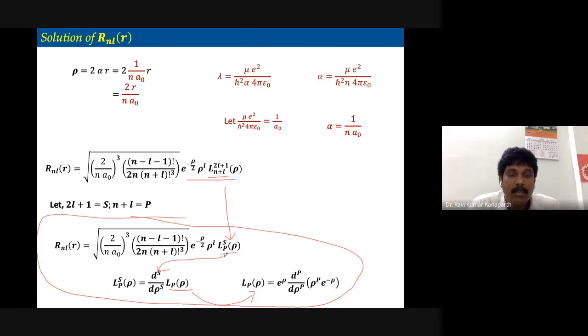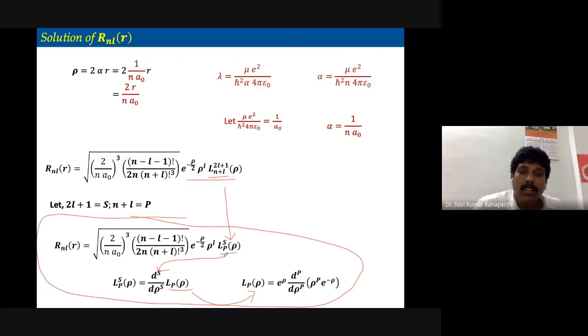What is the radial function of the 2s orbital? You have to remember this and calculate, and finally you get an equation in rho. Afterwards you substitute the value of rho, which is 2 alpha times r, and you get the complete radial equation in terms of r.